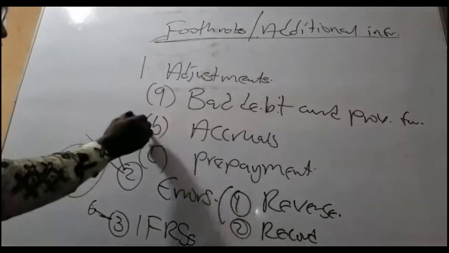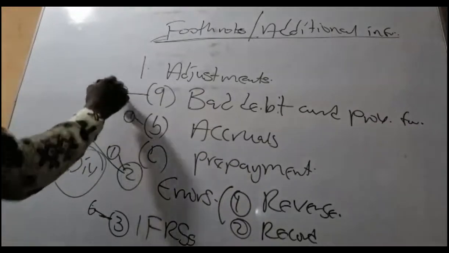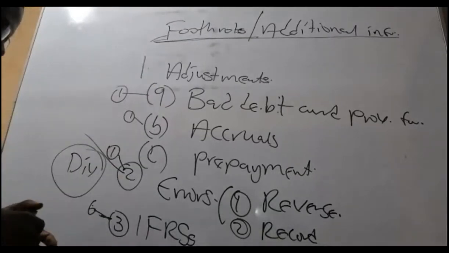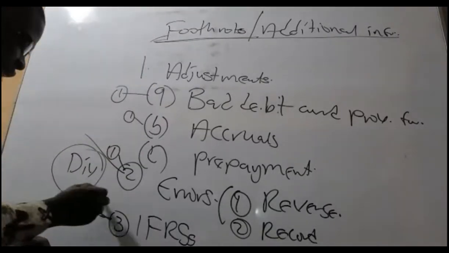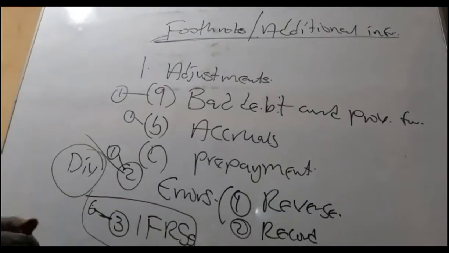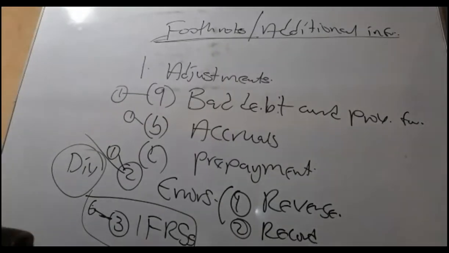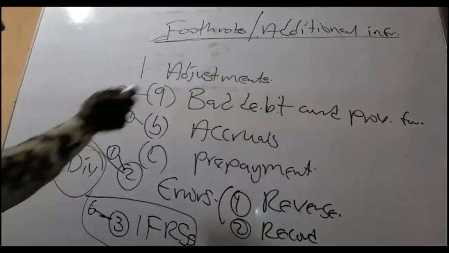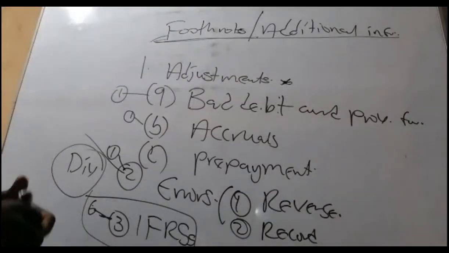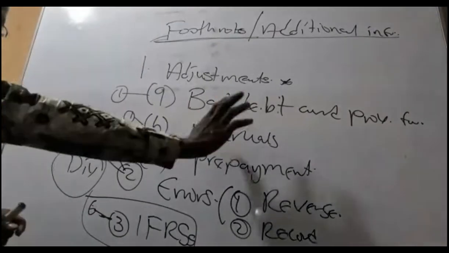Error, 1. Accruals and prepayment, also 1. Bad debt, also 1. That gets the 10 footnotes. So by all means, the IFRS will dominate. Why? The truth of the matter is that at this stage of financial reporting, adjustments don't disturb students because they are not difficult.